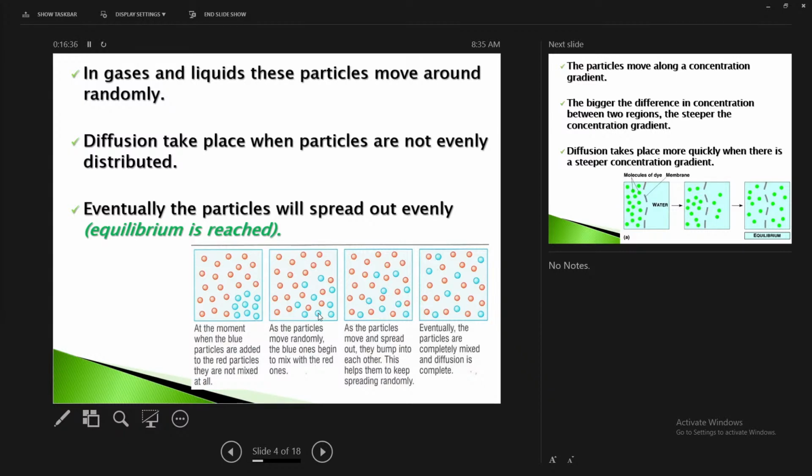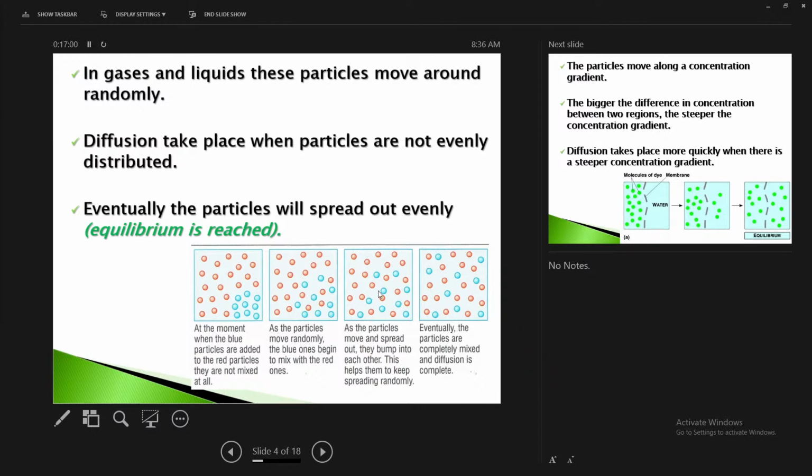They normally say that it tries to find its personal space. So once it finds its personal space, then the movement basically stops. If you compare the first box versus the second one, you will realize that in the second one, the blue particles now start to spread out.